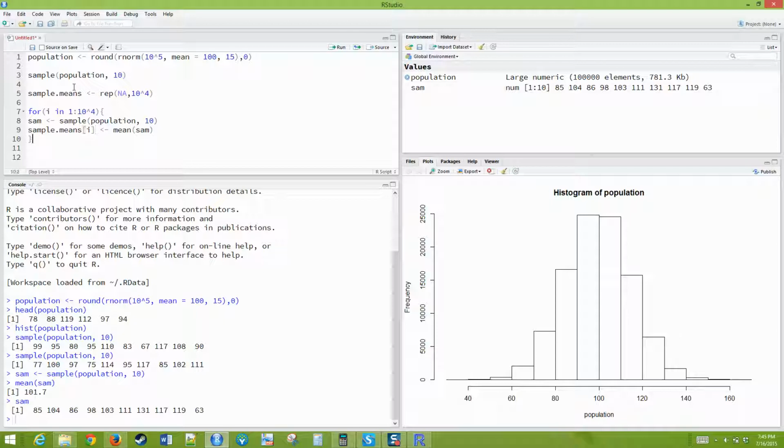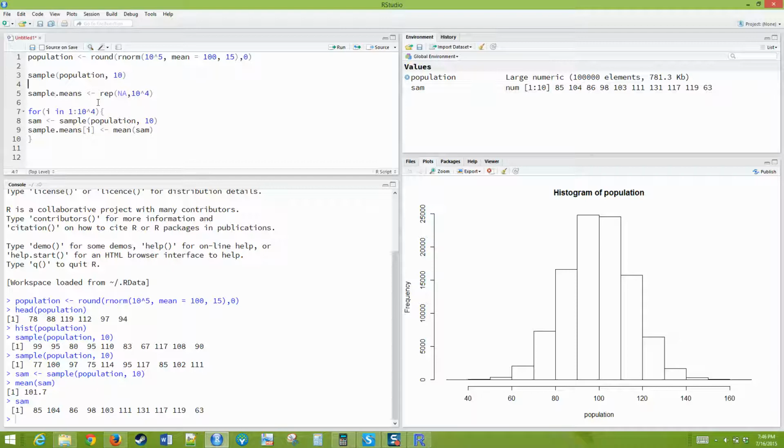You'll notice that I've put I here, and so the first time you run it, store the result of that sample mean into location 1. The second time you run it, store it into location 2, because here I've created a vector of 10,000, and it's going to replace each NA with whatever mean it calculates.